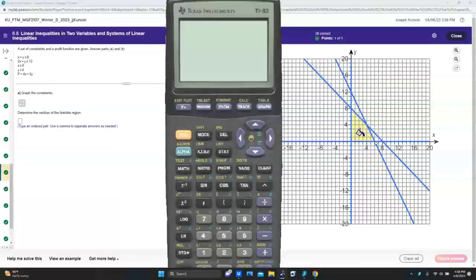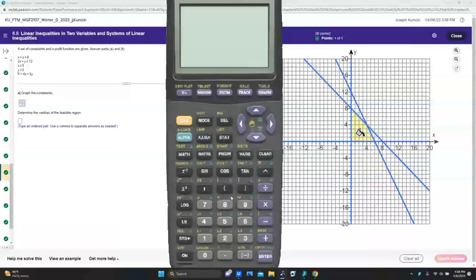So we'll go here to this intercept 6, 0. So when x is 6, you get 4 times 6 plus 5 times 0, for completeness. P is 24 at the x-intercept down here.